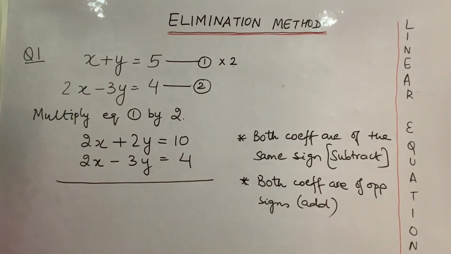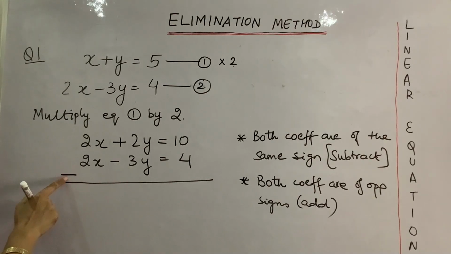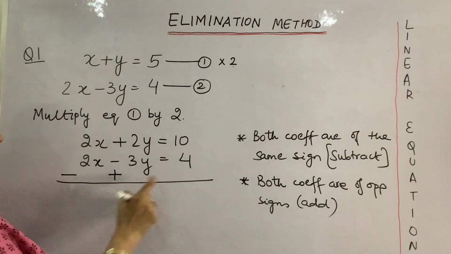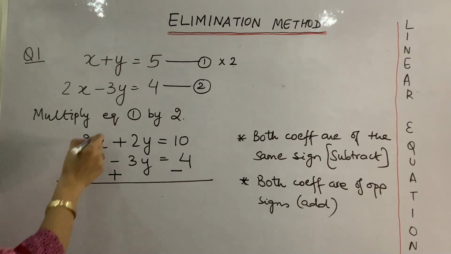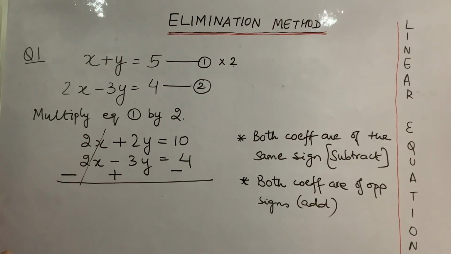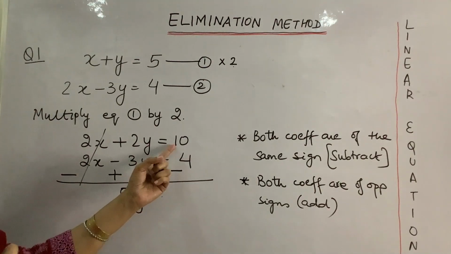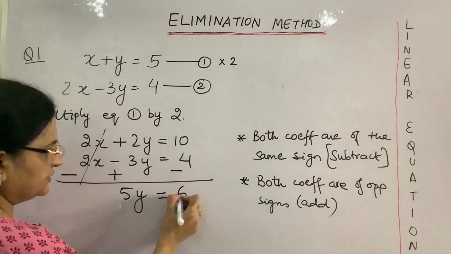So both are of the same sign, so what do we do? Subtract the equations. And subtracting means changing the sign. It is positive here, so minus will become plus, and plus will become minus. Now 2x and minus 2x cancel. Plus 2y plus 3y becomes 5y, and 10 minus 4 becomes equal to 6.